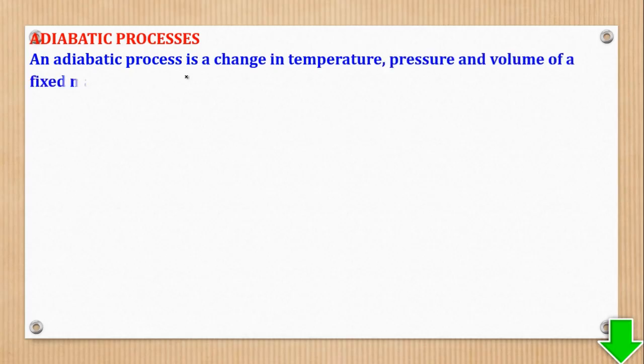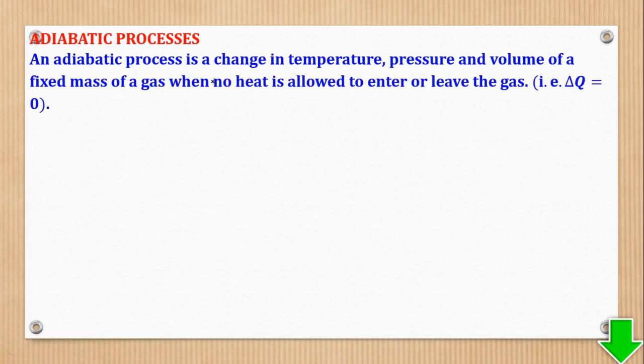So now the second process is called adiabatic process. In an adiabatic process, everything changes. Remember, the changes we're interested in are temperature, pressure, and volume. For isothermal, pressure and volume would change, but temperature would remain constant.